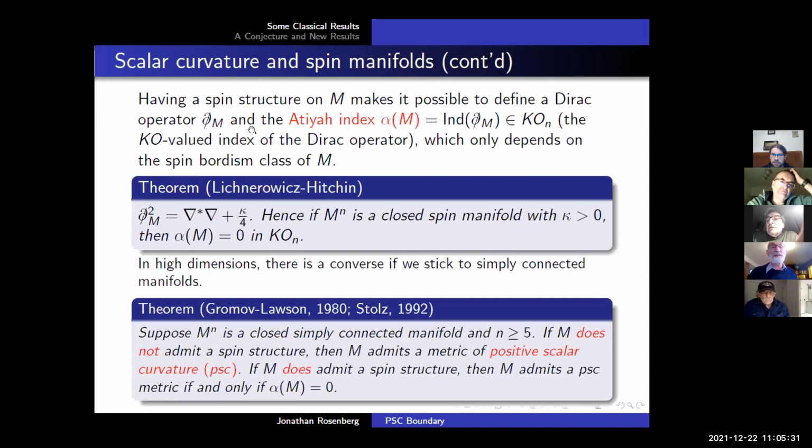So the Dirac operator acts on the left and the Clifford algebra acts on the right. So it's the Clifford linear Dirac operator, the one that's discussed in the Lawson-Michelsohn book.